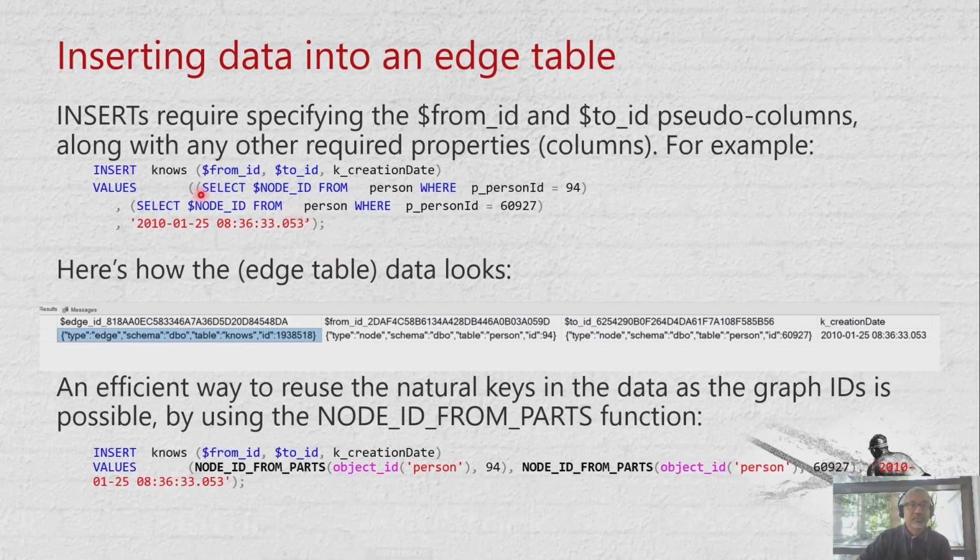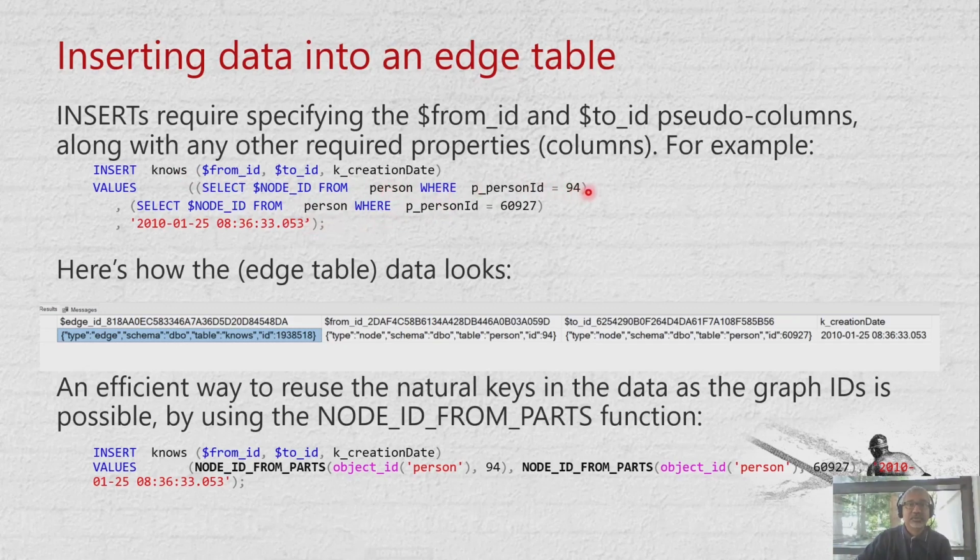So a typical way to do this is to select the node ID of the underlying from node and the node ID of the to node that you are going to connect. So in this case, the likes edge is just connecting persons to persons. So both the node IDs come from the person table.